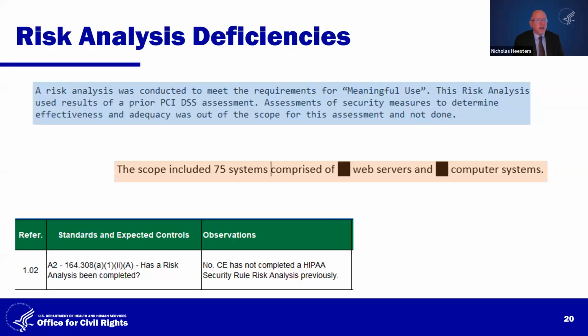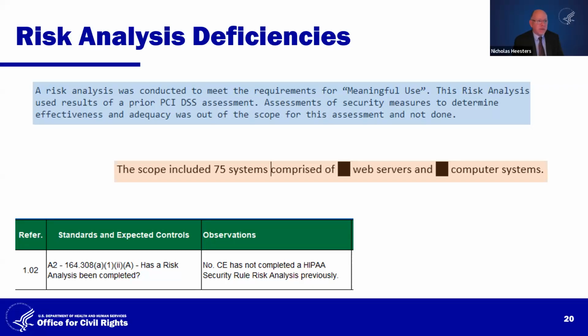75 systems, for a small or medium-sized organization, that seems like it might be a reasonable number. But this organization is not a small or medium-sized organization.